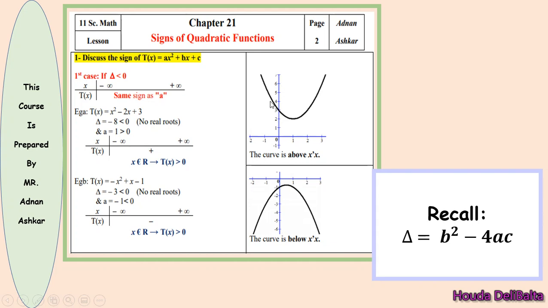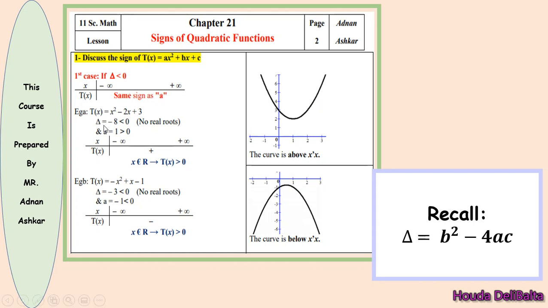Notice that this curve is not intersecting the x-axis. That means there are no real roots. So, this curve tells us that the function is positive because the curve is above the x-axis. It also tells us that there are no real roots because the curve is not intersecting the x-axis at any x-intercept or at any point.